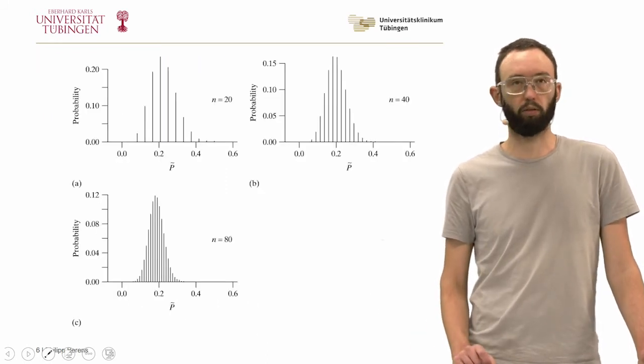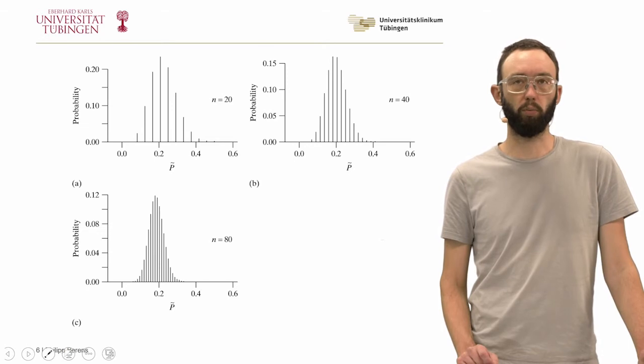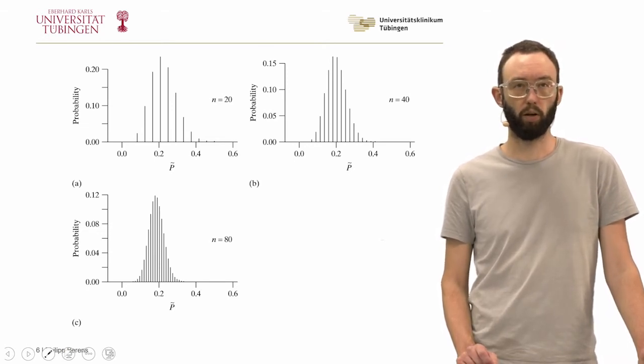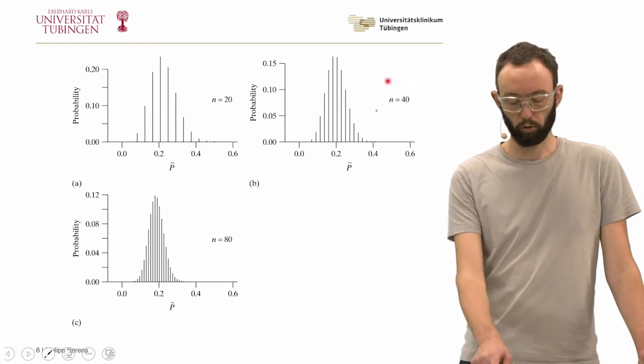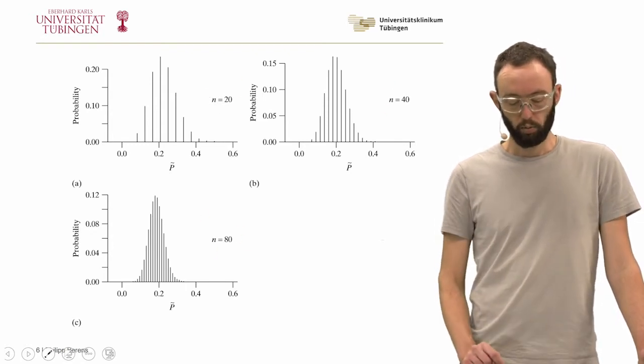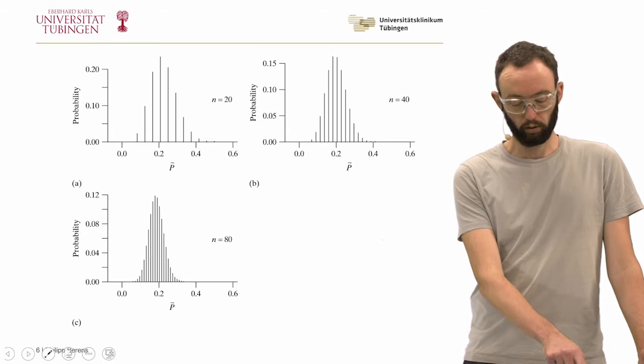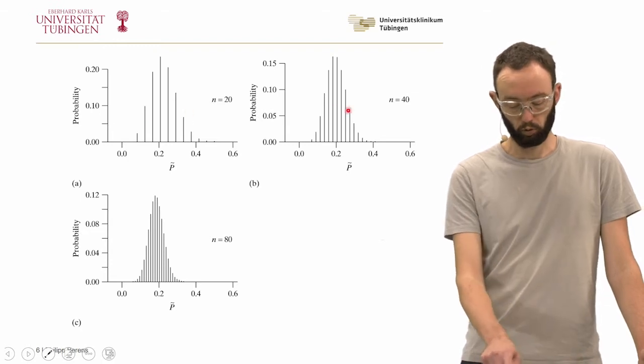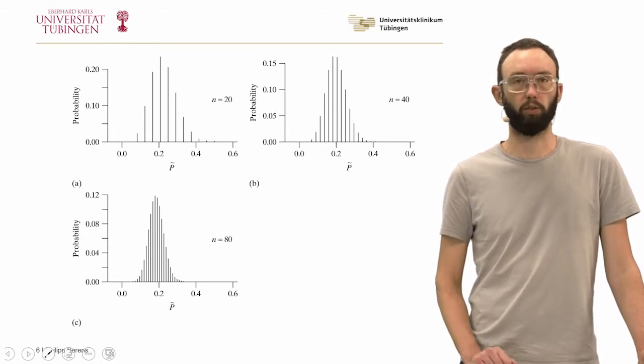Again, as we change the number of samples in each of the samples in our meta-study from 20 over 40 to 80, we can observe that the width of this distribution becomes narrower and narrower.